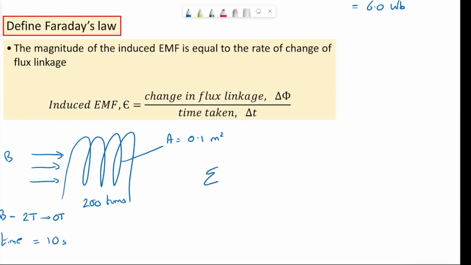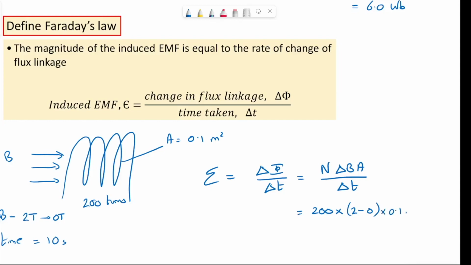Then the EMF induced in the coil is going to be change in flux divided by change in time. Change in flux is N delta B times A over delta t. If we replace our numbers in the equation, we have 200 turns multiplied by 2 minus 0 Teslas, times an area of 0.1 square meters.